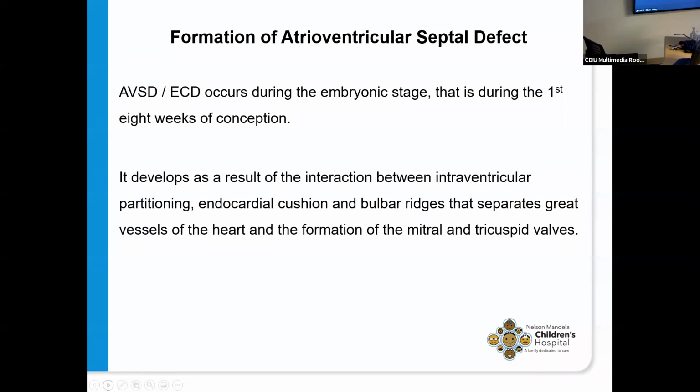And then how is the atrioventricular septal defect formed? It occurs during the embryonic stage, that is during the first 8 weeks post-conception. It develops as a result of the interaction between the intraventricular partitioning, the endocardial cushion, and bulbar ridges that separate the great blood vessels of the heart, and the formation of the mitral and the tricuspid valves.